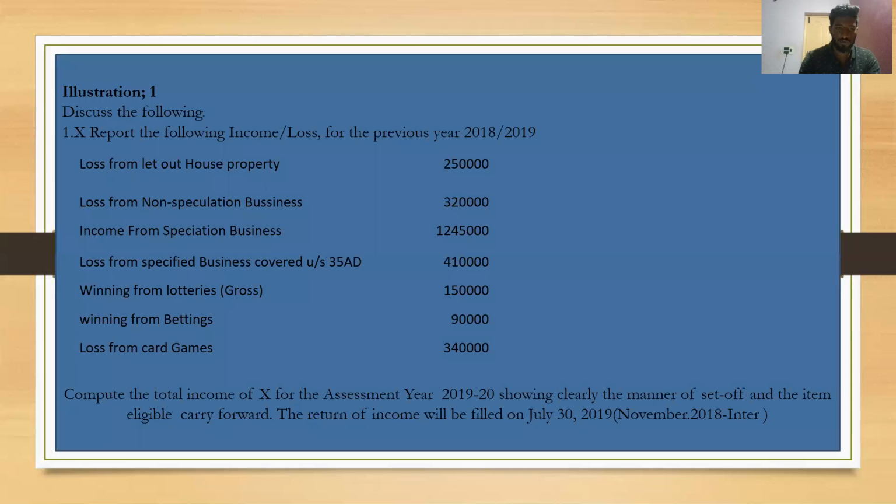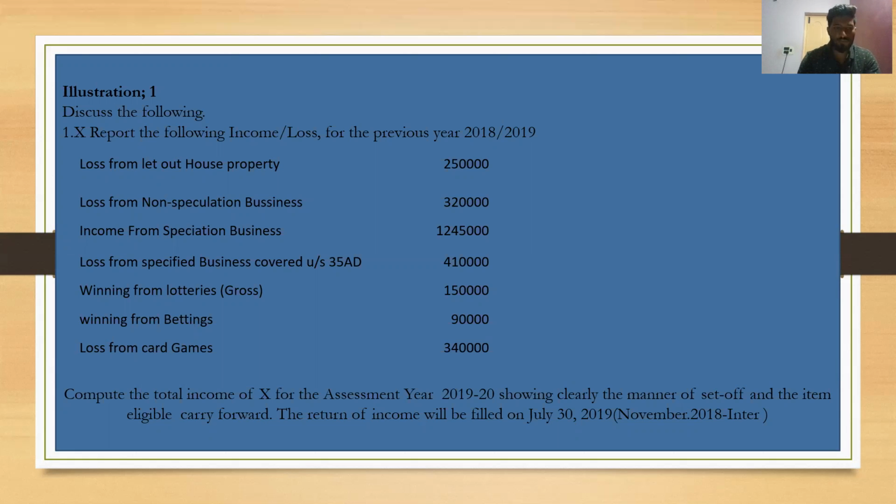Next we'll see what we have. Loss from specified business covered under section 35AD. Here, specified business losses are only set off against specified business itself. We cannot set that amount against any other head of income. So we will see whether we have income from specified business.